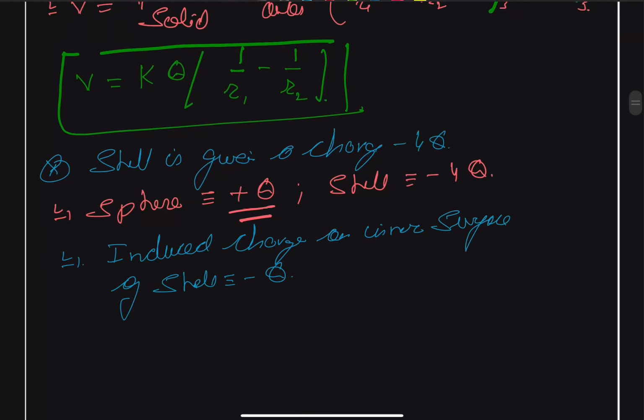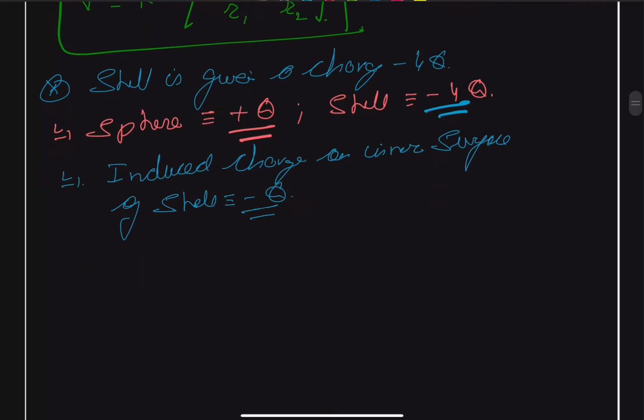Now the outer surface is having a charge of minus 4q and inner is having minus q, so we can find out the net charge on the outer surface.